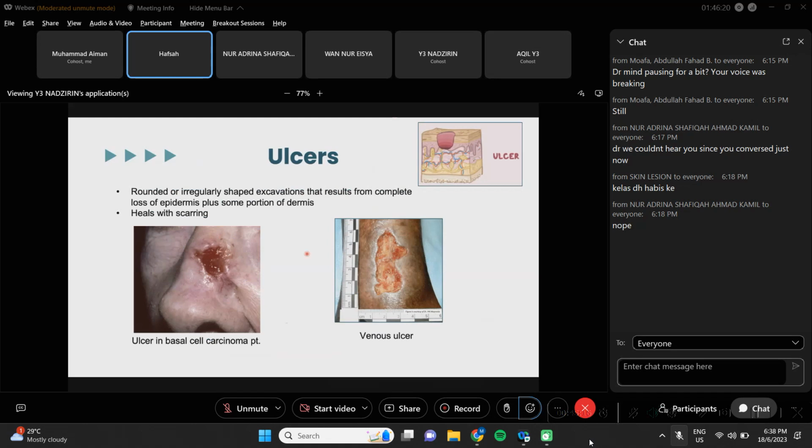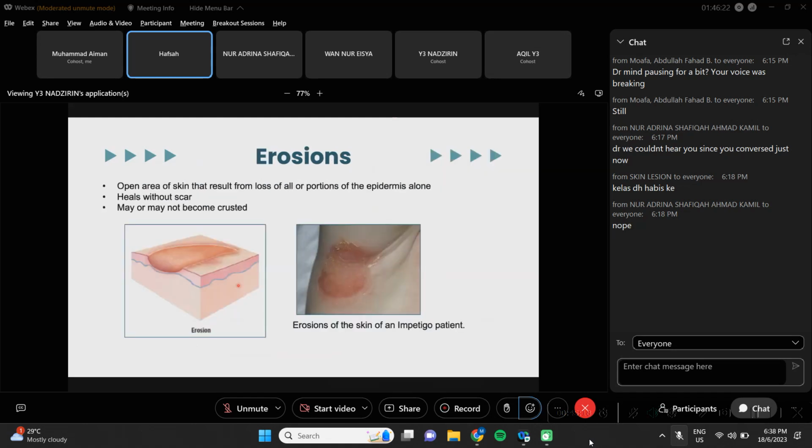And compared to erosion, can you go to the slide with erosion? So loss of all or portions of epidermis alone. Okay. So the difference is the depth of skin loss. Okay. Do you get that?